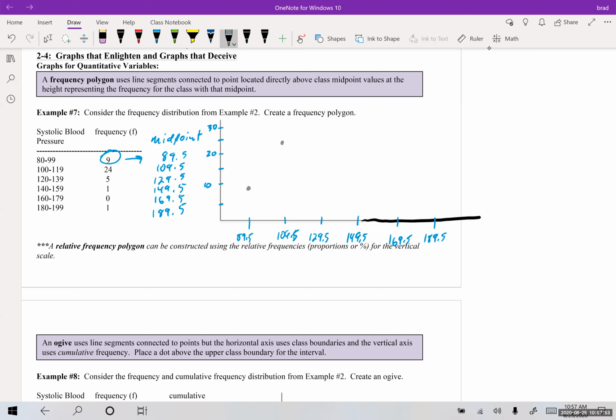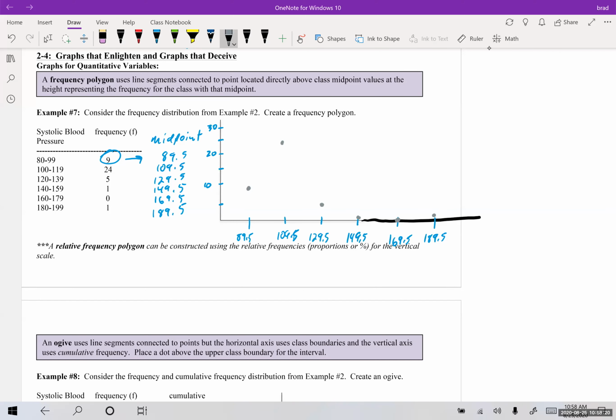And then 129.5 is going to be 5, so that'll be right about here. 149.5 is 1, so that's going to be really way down there. And then 169.5 is going to be 0, so that'll be right there. And then 189.5 has 1 again, so that's going to be right there.